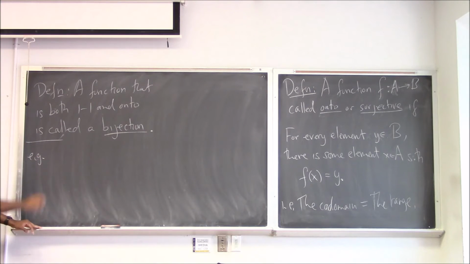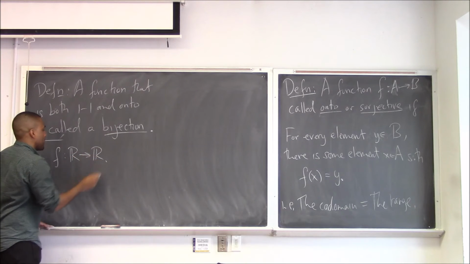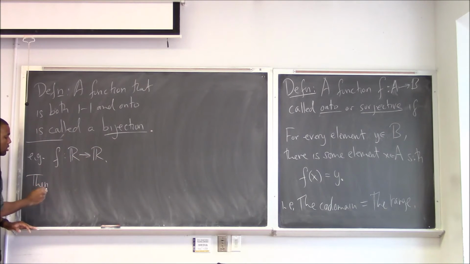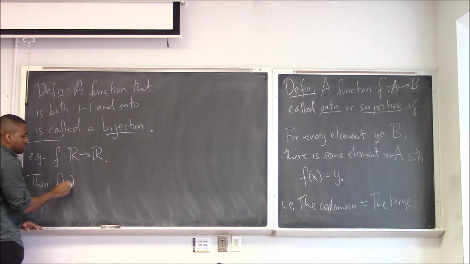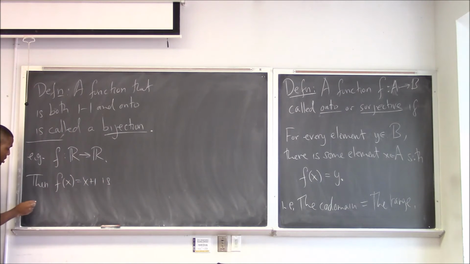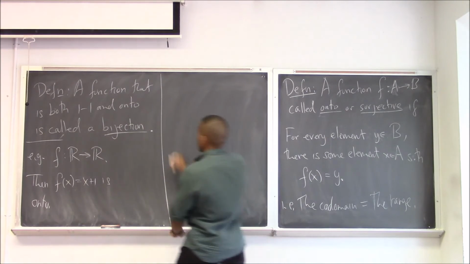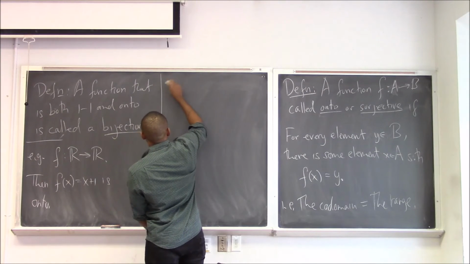Example. Let f go from R to R. Then f of x equals x plus 1 is onto. Why?